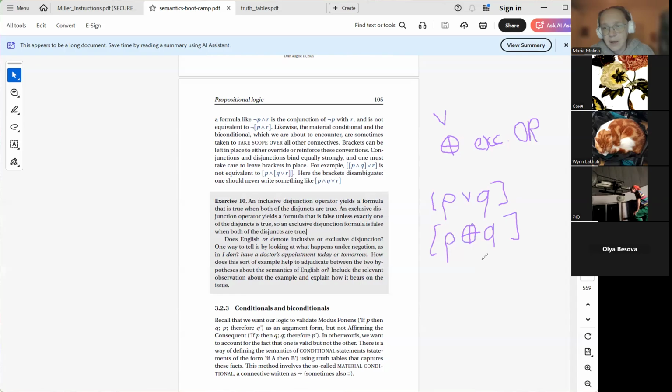I mean, we read inclusive or as P or Q. How do you read this? I would just say XOR. Okay, you don't read that.